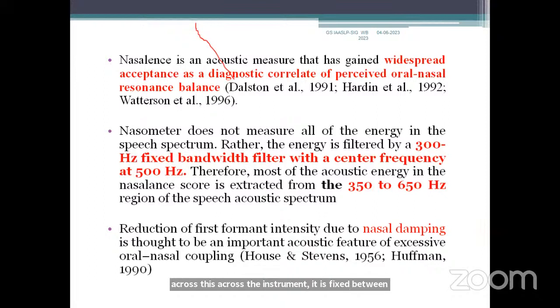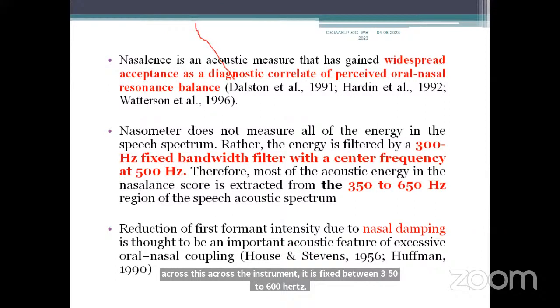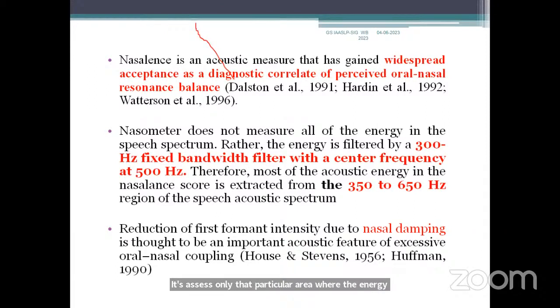It assesses only that particular area where the energy is spread, and it calculates and gives the result. In nasalized speech, the formant frequency or intensity is dampened, as we see in a spectrogram. The nasal energy at the low frequencies is focused and analyzed when we are targeting a sound for oral and nasal coupling, or in the resonance evaluation.